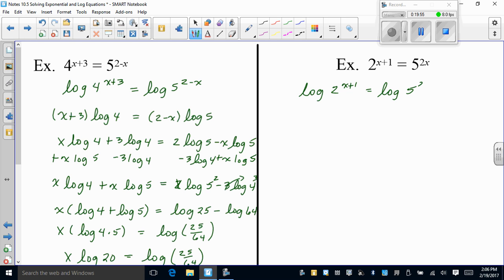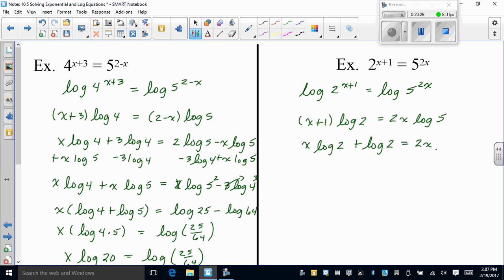X plus 1 log of 2 equals 2x log of 5. Distribute here, x log of 2 plus log of 2 equals 2x log of 5.